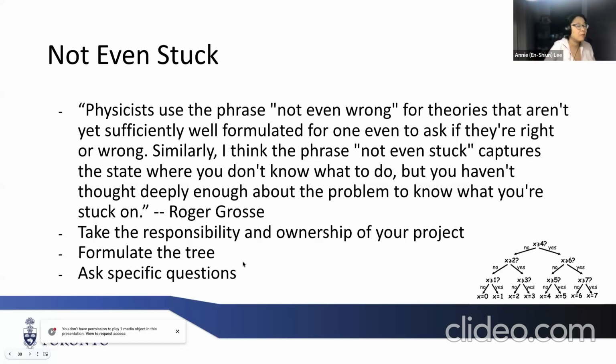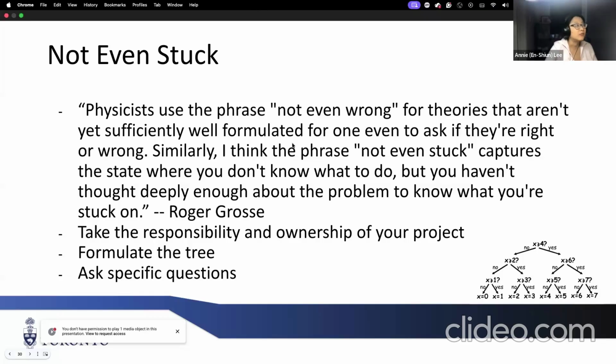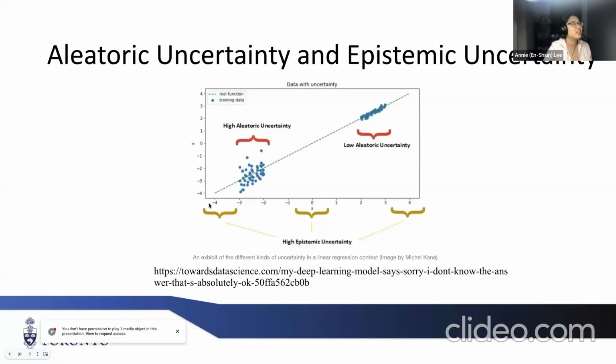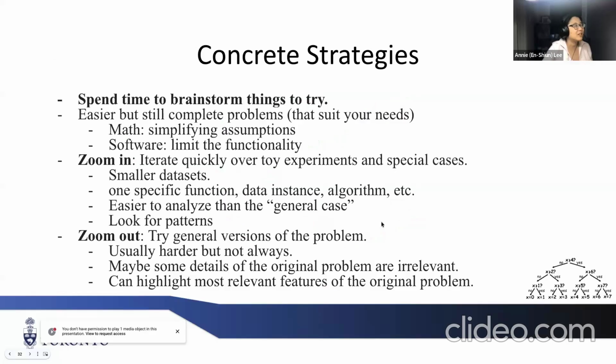So you really have to take responsibility and ownership of your project and formulate your experimental tree, which a lot of you are doing, and really ask questions to figure out what number am I thinking? Oh yeah, so here it is, right? Here are the unknowns.